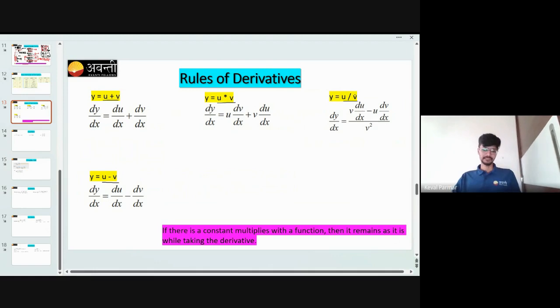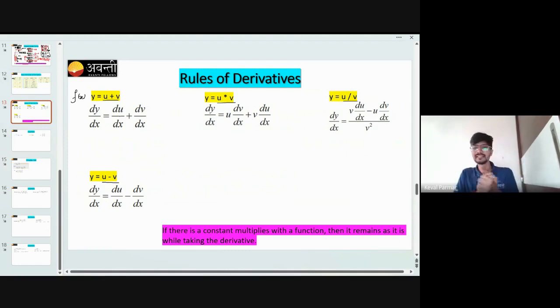Now, as you can see, if a function y, or you can also say f of x, is the addition of two functions u and v, then if I need to take the derivative, I will write dy by dx is equal to the derivative of both the functions.